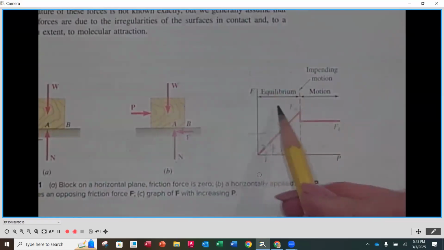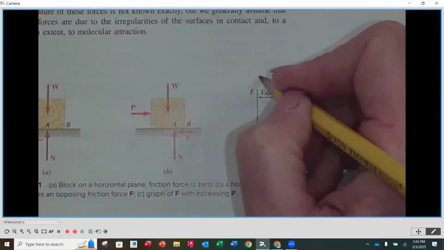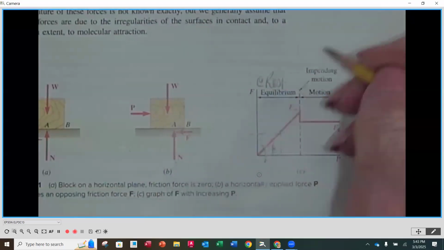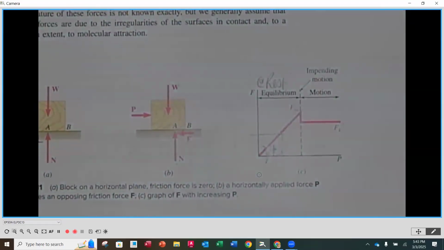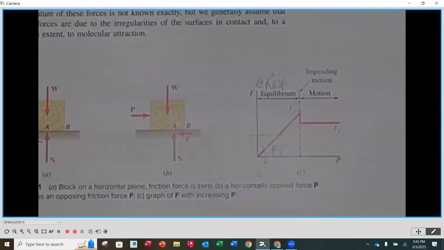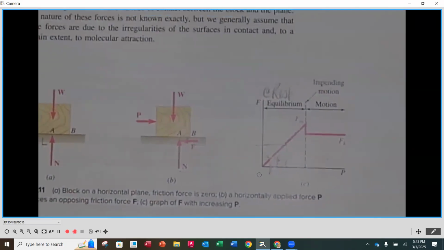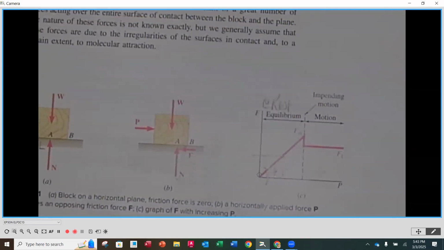I like to say at rest, because we can have static equilibrium, which is what they're referring to here, but we can also have dynamic equilibrium, as you know from physics. You can be moving and be in equilibrium, when you have constant velocity and no acceleration.